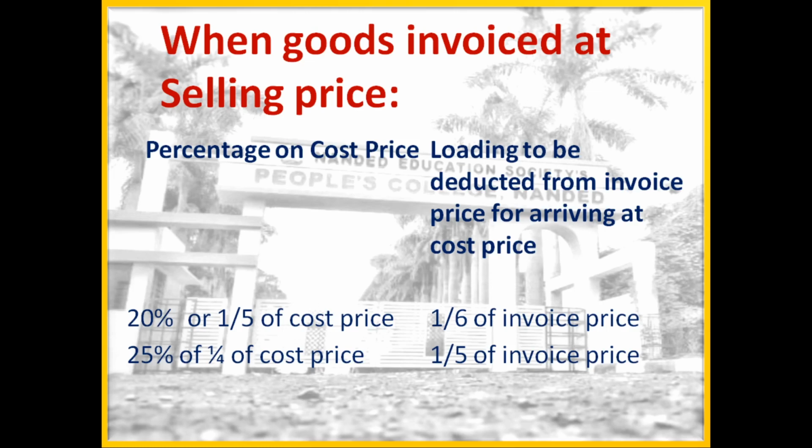Suppose in that question it is given 20% or 1/5 of cost price, then it should be calculated in invoice price as 1/6 of invoice price, because invoice price has involved profit also. Then 25% of cost price or 1/4 of cost price means 1/5 of invoice price.